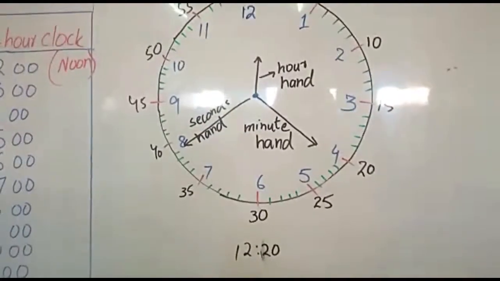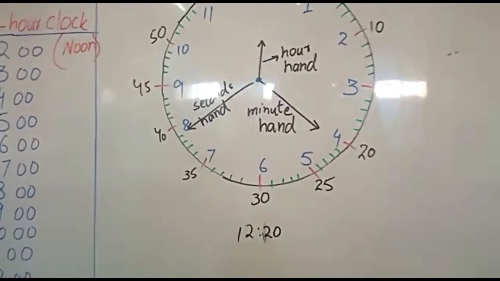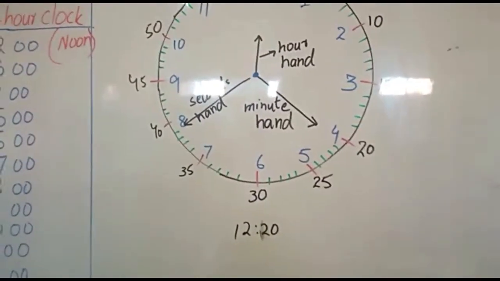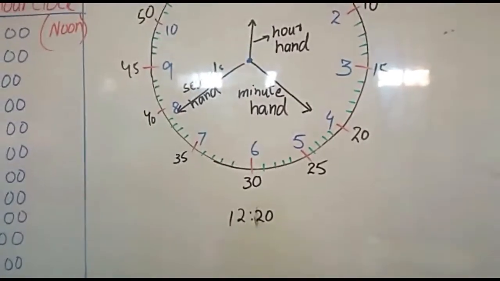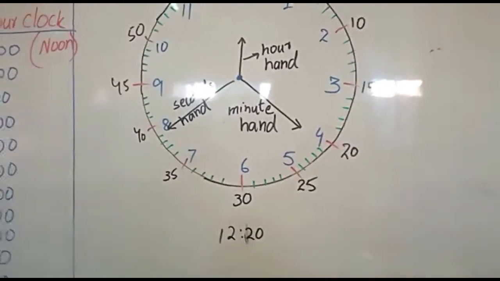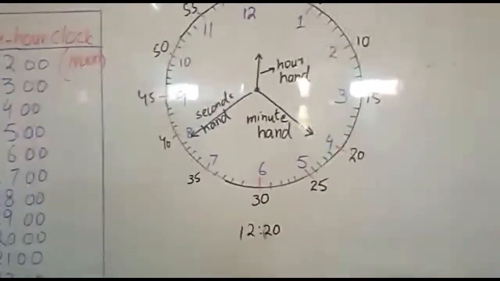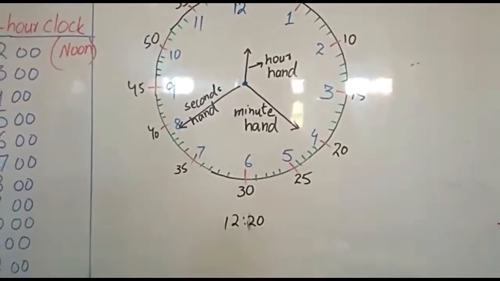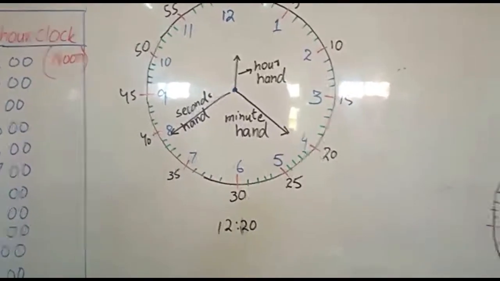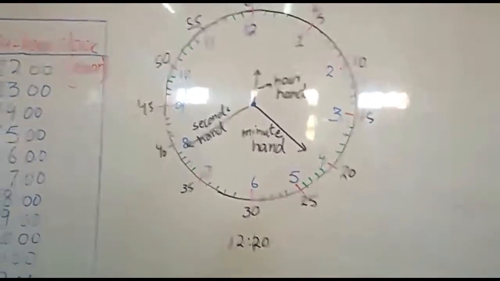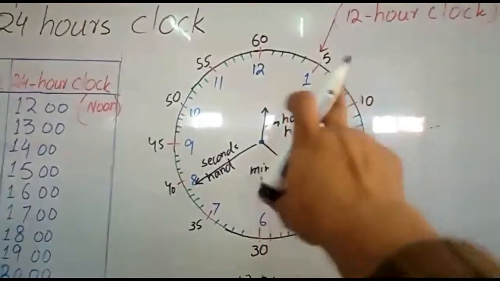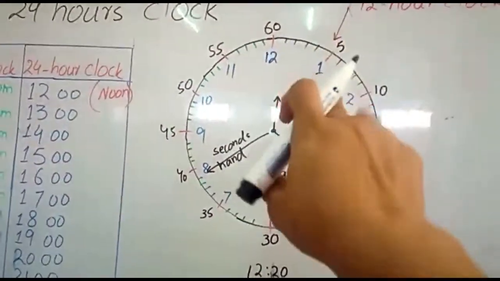Here I only told you the time as 12:20, but after this I will tell you how to measure time according to cycle 1 and cycle 2. This was all about the minutes, seconds and hours of the clock.